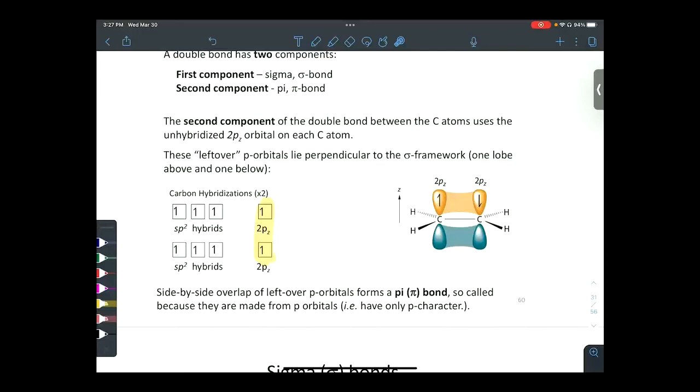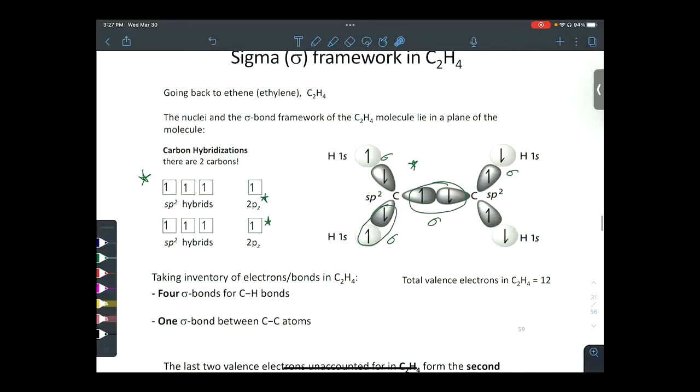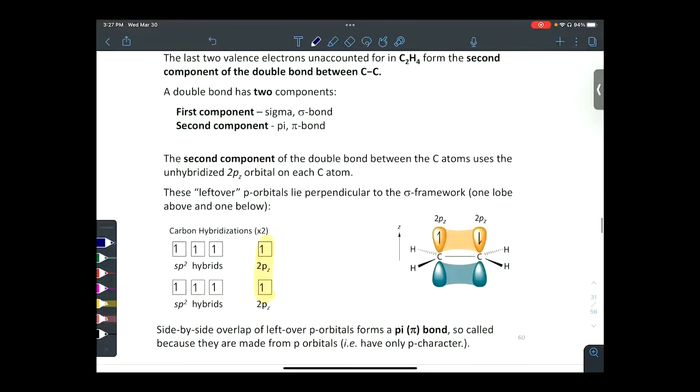If you look back at the previous picture, this whole carbon-hydrogen framework with all of the sigma bonds is in a plane, all flat. The unhybridized p orbitals are coming out of the page and down into the page. That's what this picture is trying to show you.